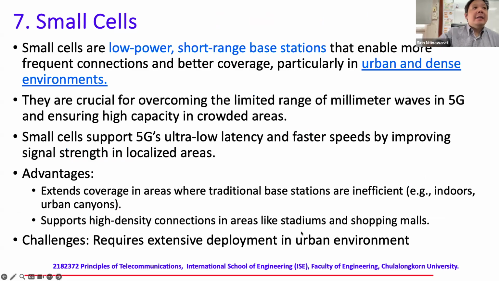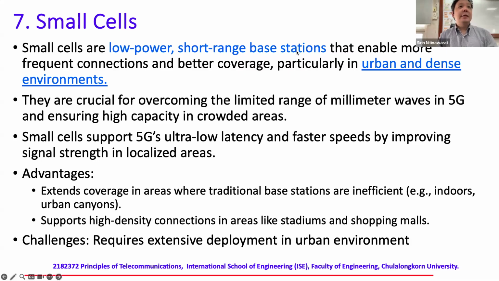Small cells, okay, again, think in terms of the canonical deployment of these millimeter wave spectrums, right? You want to deploy it in a smaller area than the other spectrum bands. So these small cells are short range base stations. Okay.